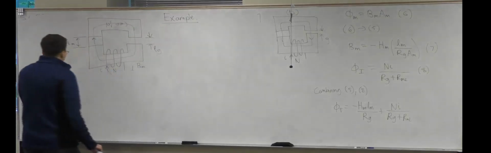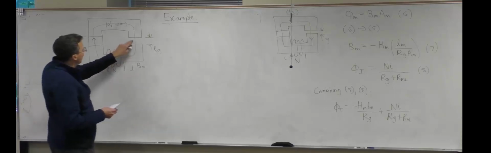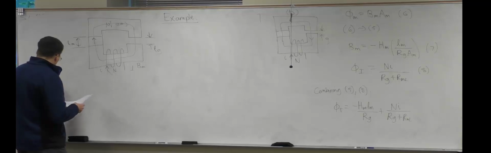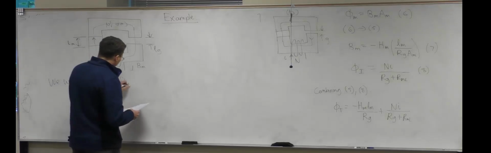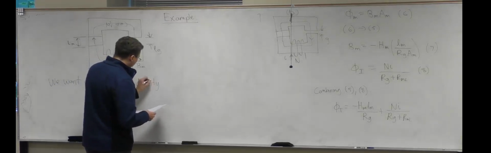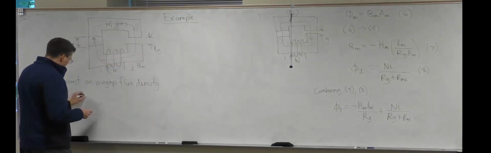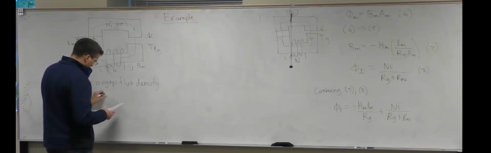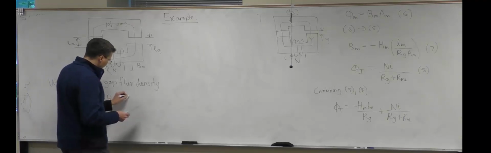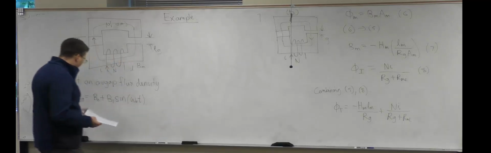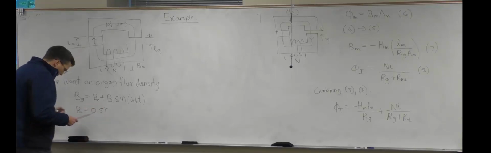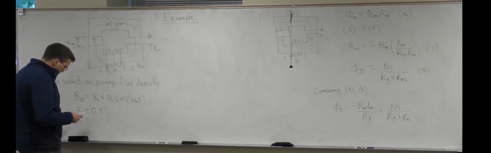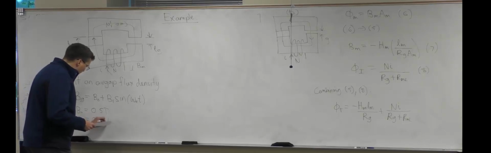We want to create a flux in the air gap, so we want an air gap flux density that is given by Bg is equal to B0 plus B1 sine omega e t, where B0 is equal to 0.5 Tesla and B1 is equal to 0.25 Tesla.